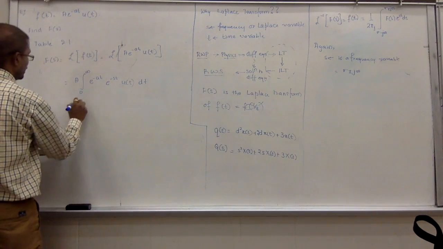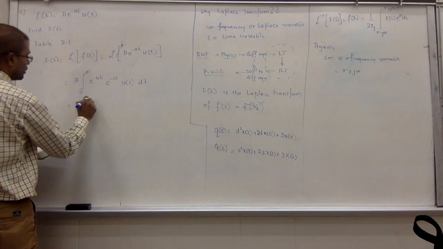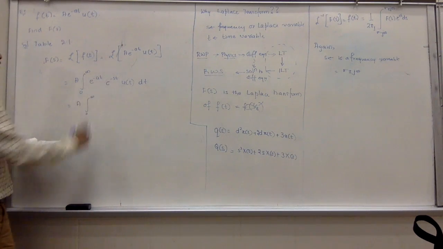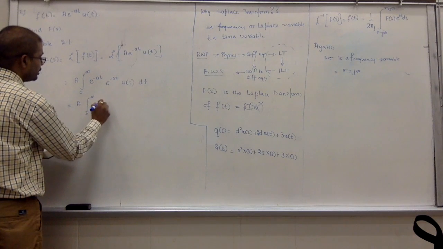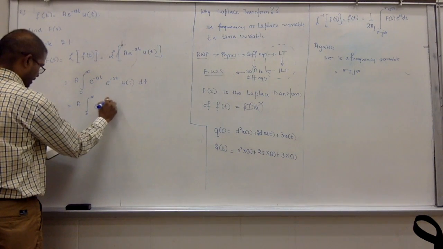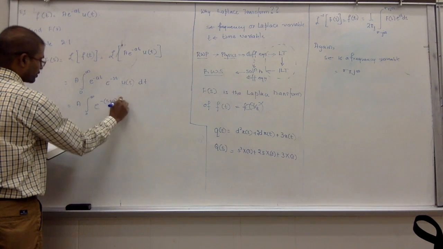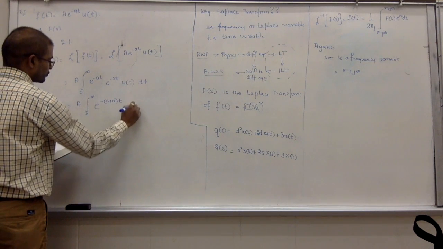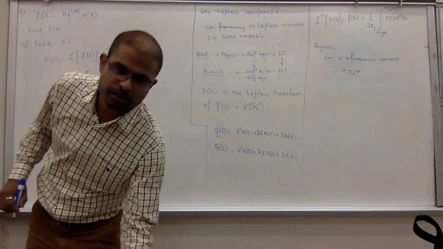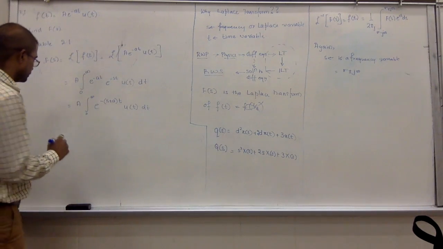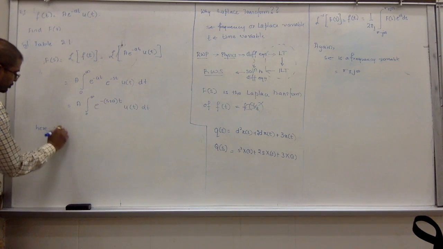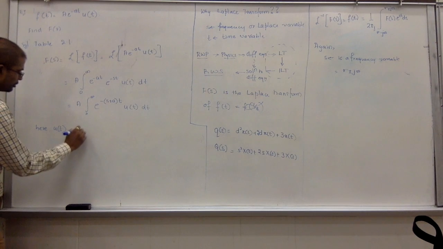This a is just a constant. That will come out. e to the power of minus a t times e to the power of minus s t can be written as e to the power of minus s plus a, t, u of t, dt. Now you have to understand u of t is nothing but a unit step function.